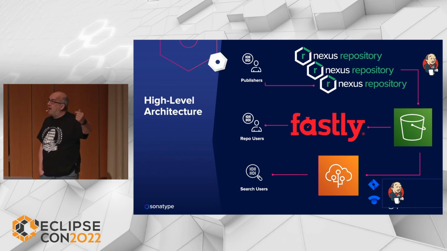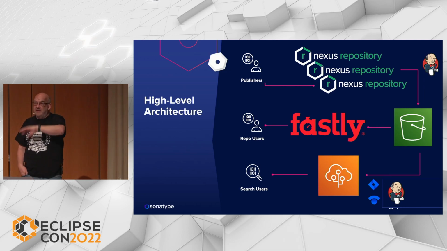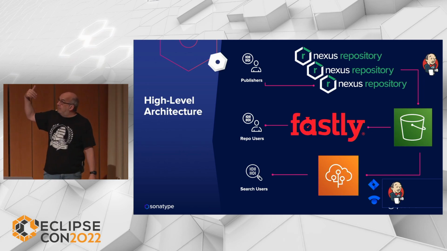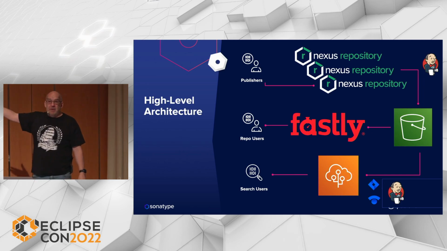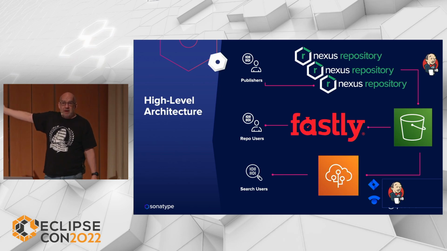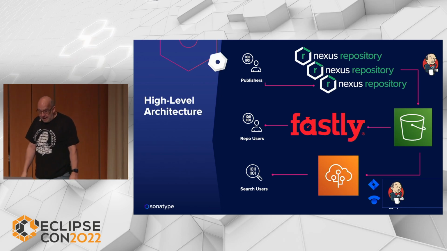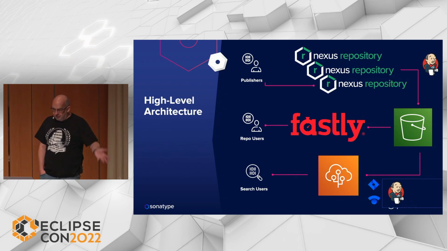You push stuff in, and literally some Jenkins jobs copy things from here to keep things going. So we have a repository system, we use Fastly and a big S3 bucket to store stuff, and then some indexing and stuff like that. Nothing particularly complicated other than the fact that it has to scale and be there all the time.